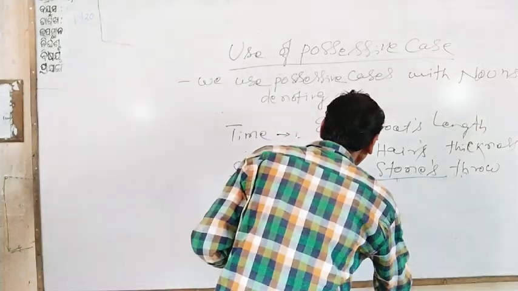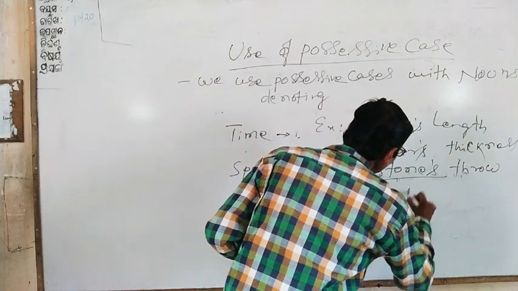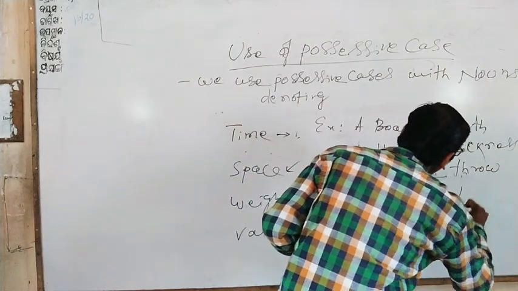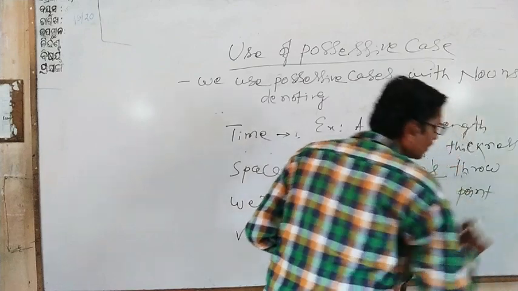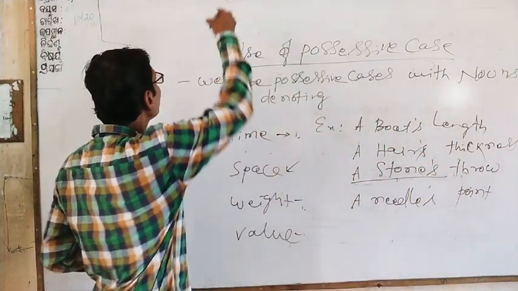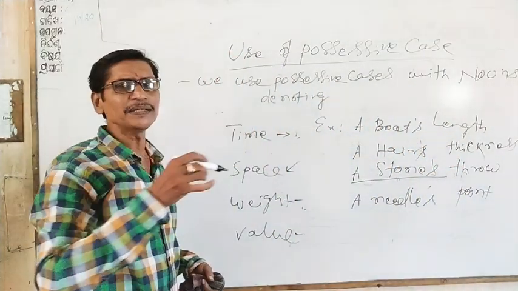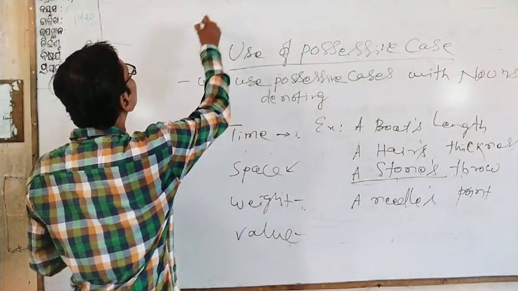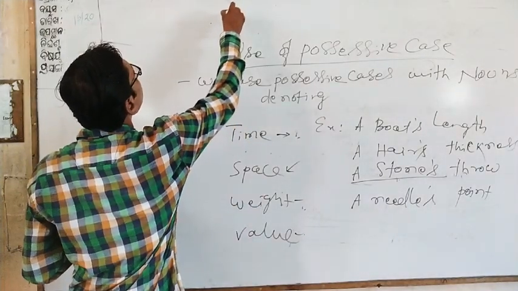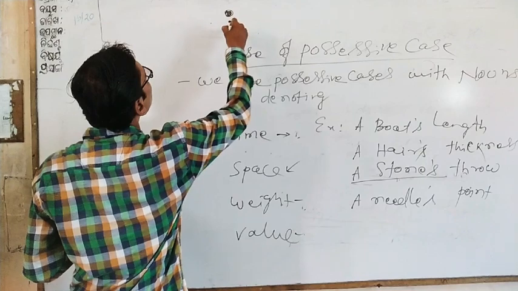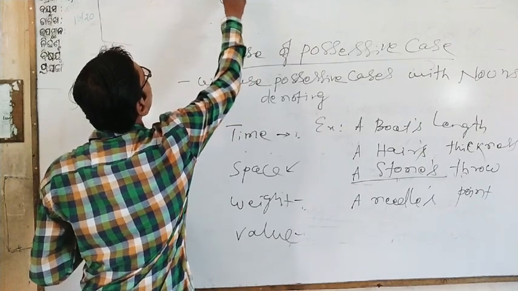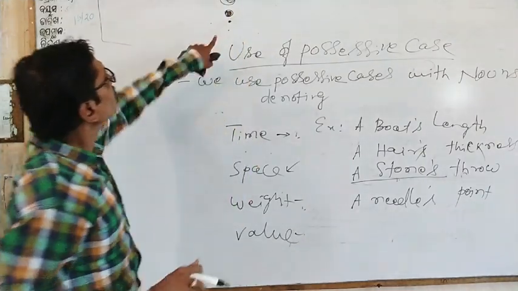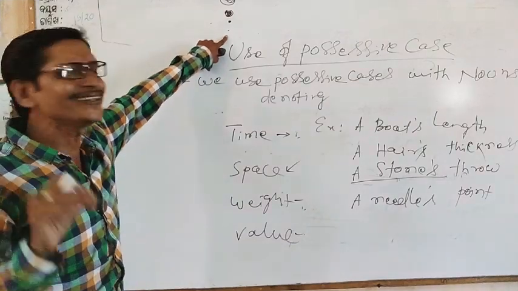Similarly, we can say a needle's point. When we talk about a dot, the dot can be this much, this much, this much. But here we are talking about a needle's point.